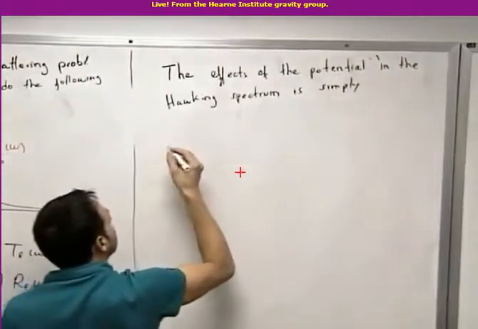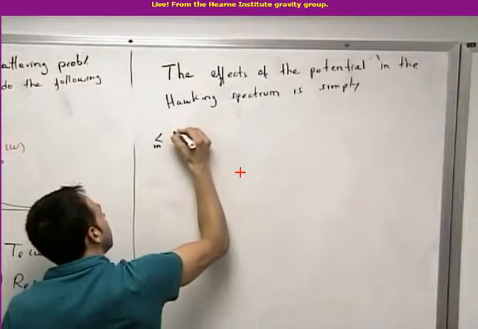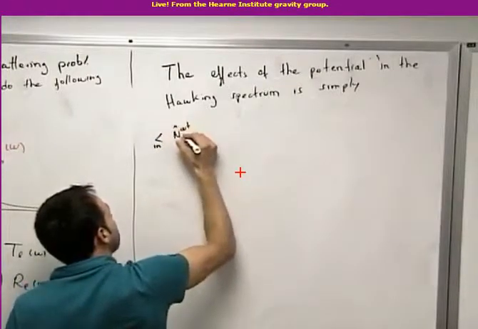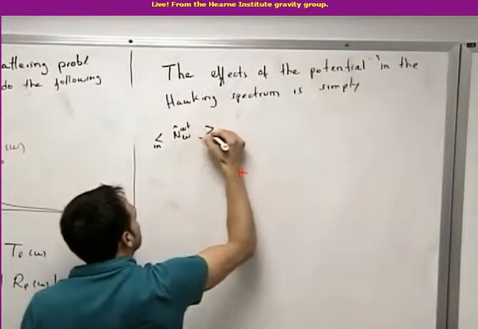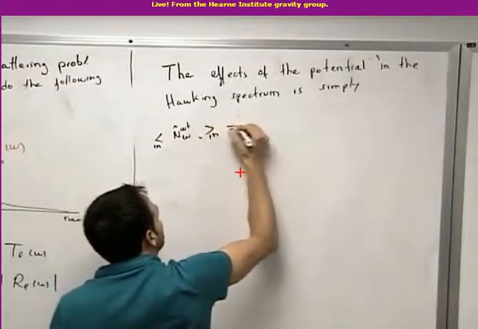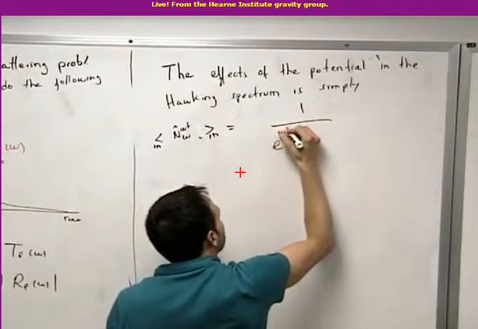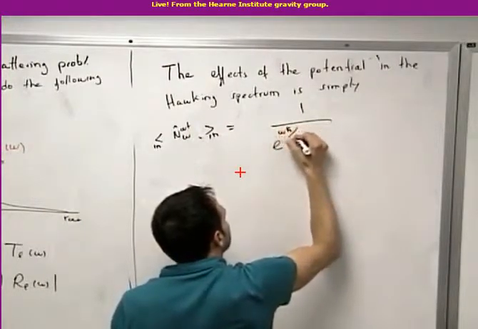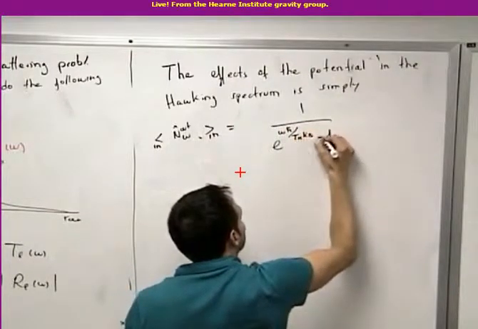Let me talk about the expectation value in the in vacuum of the out number operator with frequency omega. This is what in the previous computation we said is 1 over e to the omega h bar over Hawking temperature Boltzmann constant minus 1.